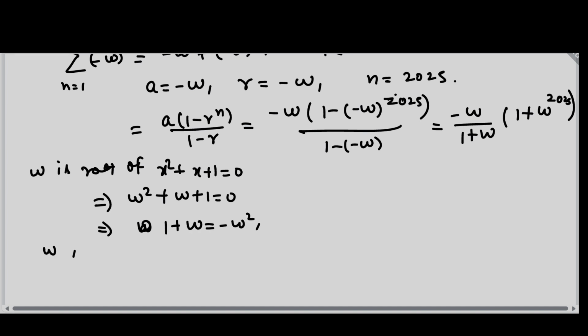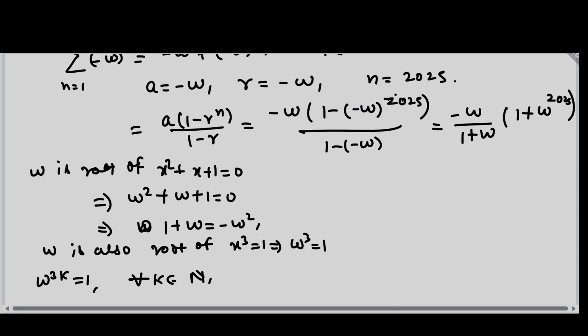Omega is also a root of x cube equals 1, so omega cube equals 1, and omega raised to 3k equals 1 for every natural number k. So omega raised to power 2025 equals 1, because 2025 is divisible by 3: by the divisibility rule, 2 plus 0 plus 2 plus 5 is 9, and 9 is divisible by 3.